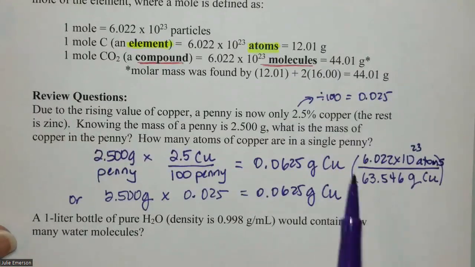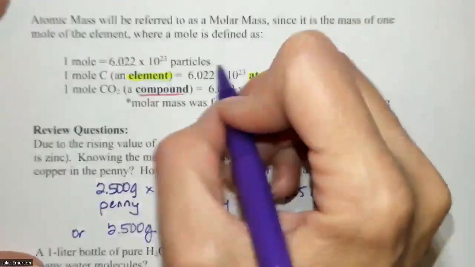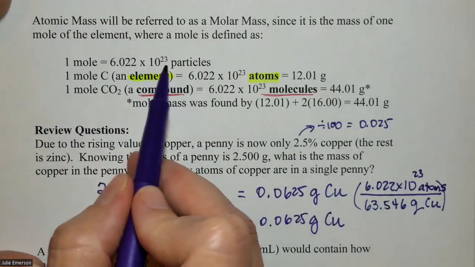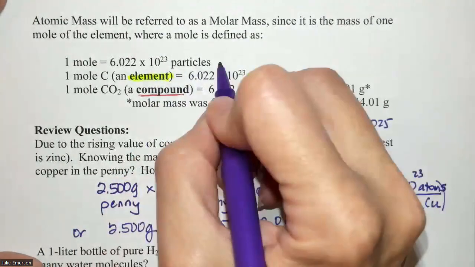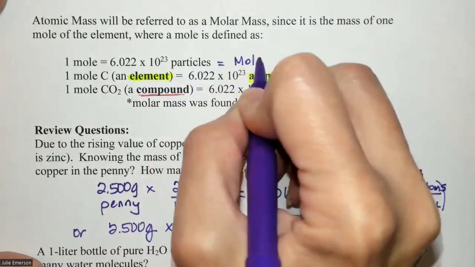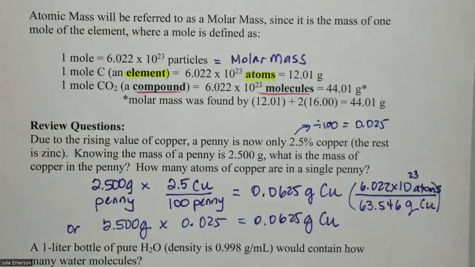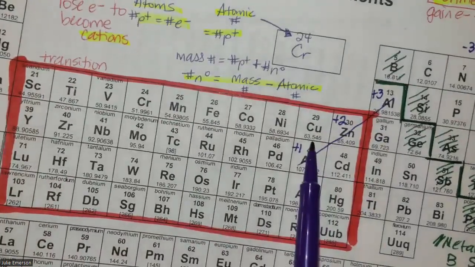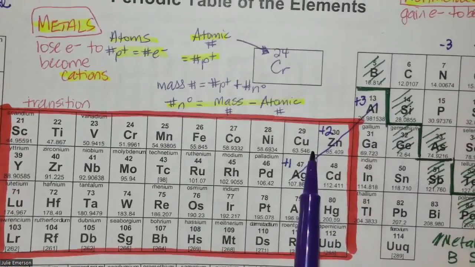So these are equivalent statements. So for any element or compound, 1 mole is equal to 6.022 times 10 to the 23rd particles. And that is equal to what's called the molar mass from the periodic table. And that is for copper, that is what we were calling a mass number. I'm now going to refer to it as a molar mass because it is the mass of 1 mole of copper.